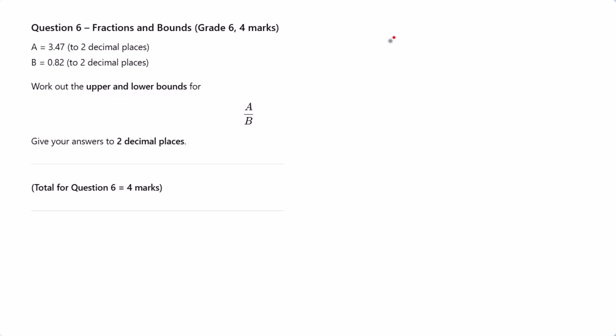Now, think about a number 3.47 rounded to 2 decimal places. What this clearly means is that this number could have been 3 point something on the lower end and 3 point something on the upper end. So the range of values of the numbers that will round to 3.47 is what I'm looking for.